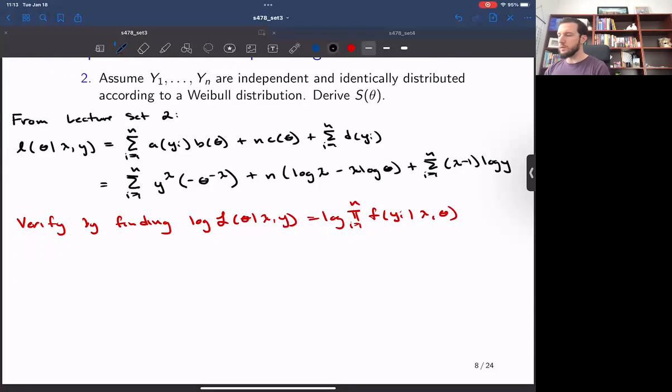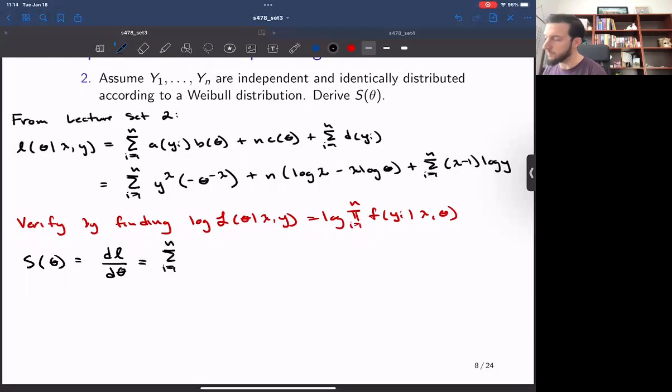Okay, so the next thing we need to do is find the score function for theta, which was the original purpose of this problem. So S of theta is going to be equal to dl by d theta. It's simply the derivative of our log likelihood with respect to theta.